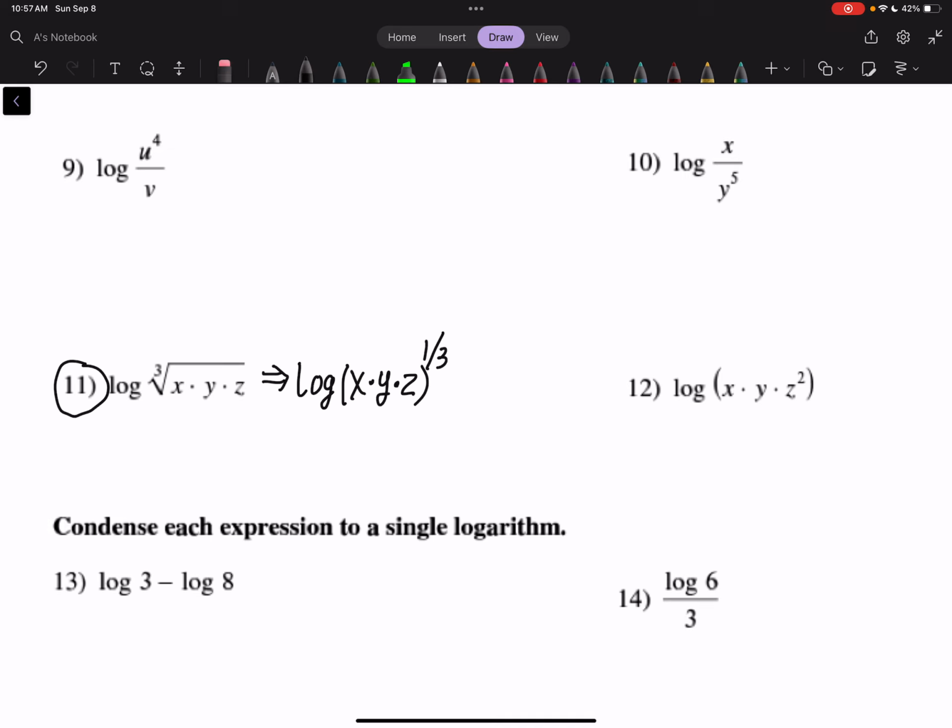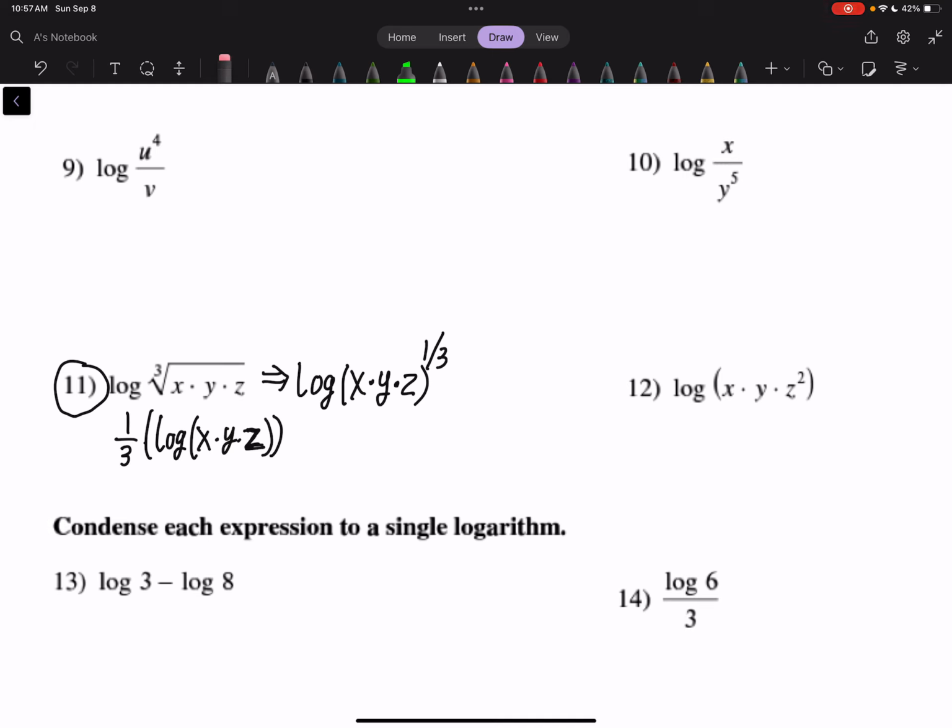Okay? So this is 1/3 times log of x times y times z. I got that from the power rule.